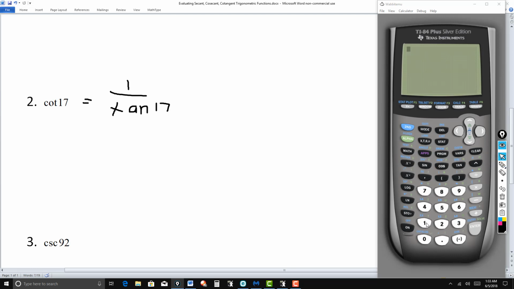On the calculator then, we just go 1 divided by tangent of 17 radians. Hit enter. You get 0.286 and so on, and to 2 places that'll be 0.29. So the answer to this, cotangent of 17 radians, is 0.29.